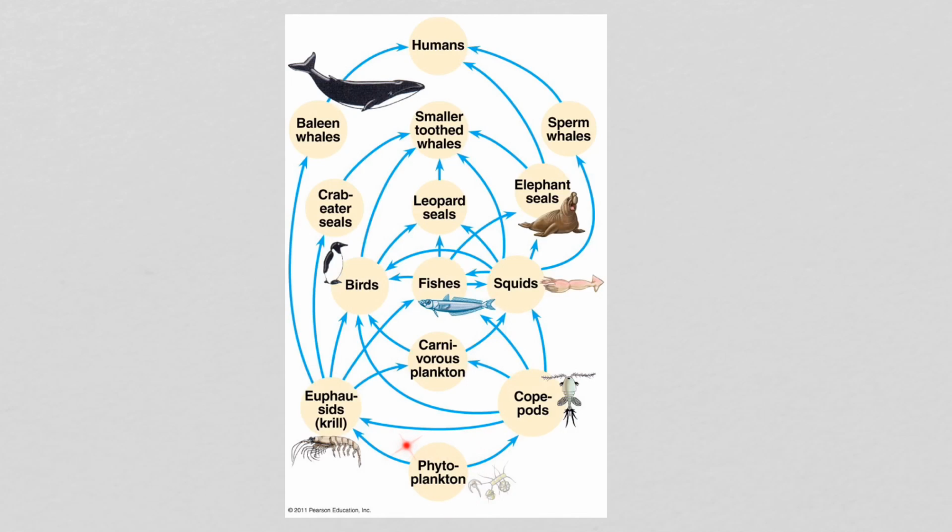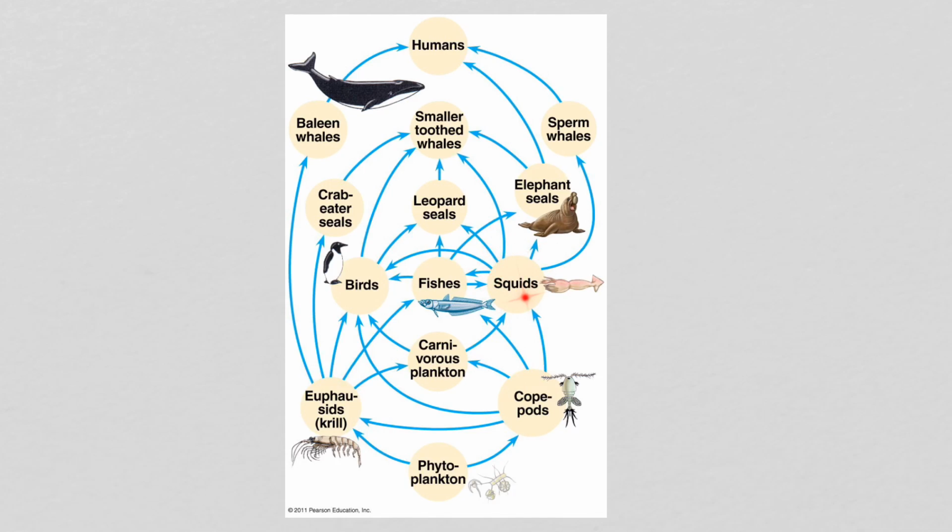So we've got the phytoplankton right here. Those would be our producers. And then let's say that we have our copepod. That would be our herbivore. And then from there, we could say the squid was a primary consumer. Oh no. Yeah, our herbivore would be the primary consumer.